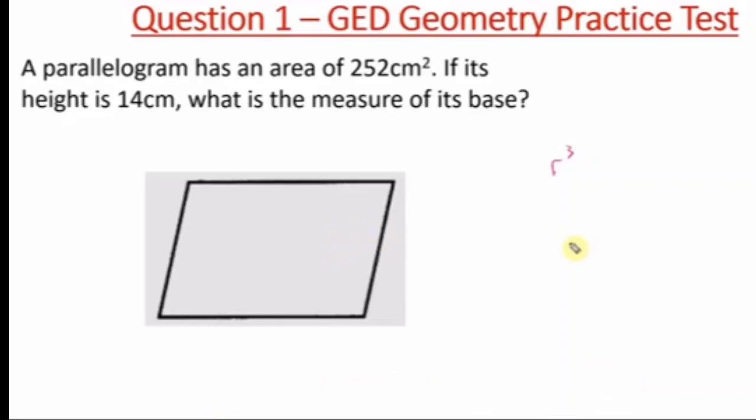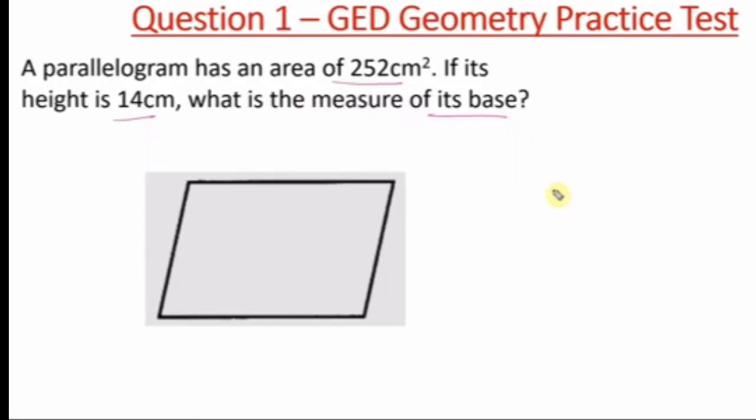All right, so to get on to question 1 of the GED geometry practice. Here it says a parallelogram has an area of this. If its height is this, what is the measure of its base? Now, from our formula sheet, you don't need to cram the formulas because the formula sheet would be given.